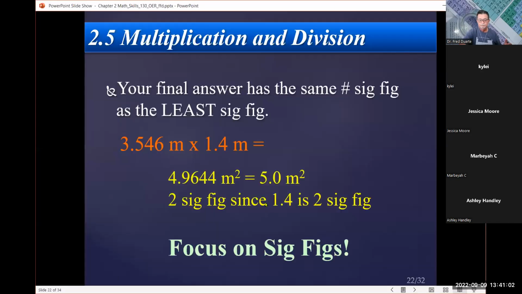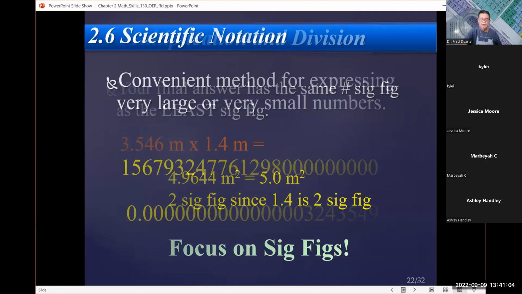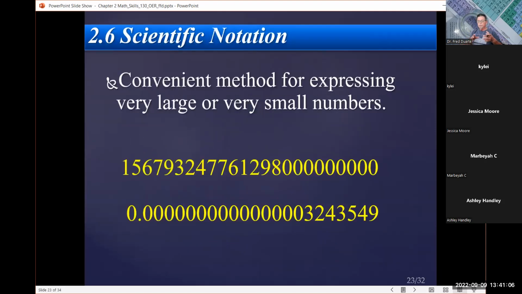All right. So then we got into scientific notation. Now this is nothing more than a method to input very large numbers or very small numbers into your calculator. Trying to input that large number or that small number, a lot of calculators won't support it.